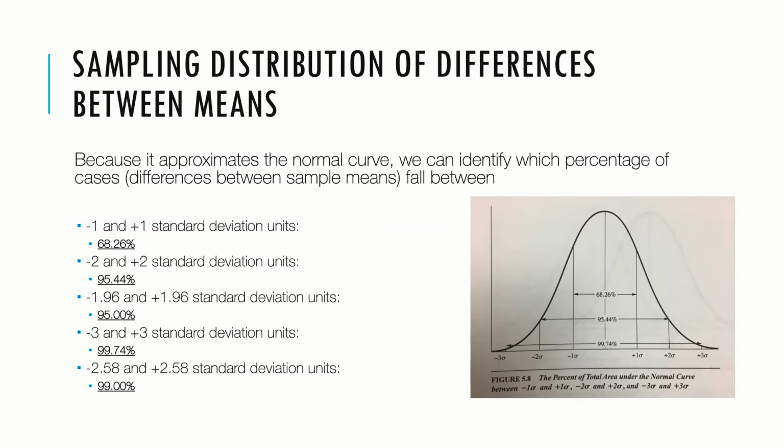We know that 68% of cases fall between those two, -2 to +2, 95.44, 99.74. Right? So we can take that logic and apply it to that distribution of differences between means to figure out where our difference falls, right? If we look back at this, we know that our difference of 4 falls out here.